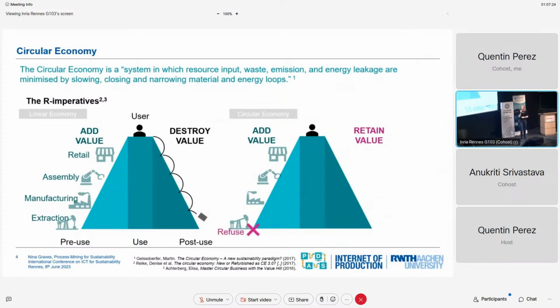We could refuse using certain materials, for example, oil and gas. We can reduce the resources, the materials that we actually use. We can decide to repair and maintain the products we have, reuse or resell something when we no longer need it, or refurbish it, where some minor things have to be fixed, like being polished again.